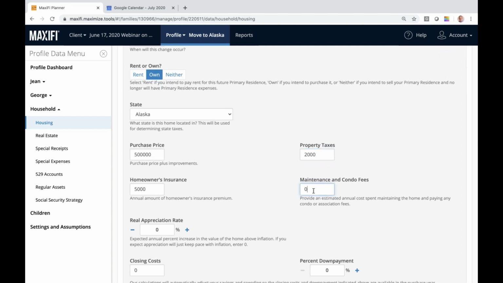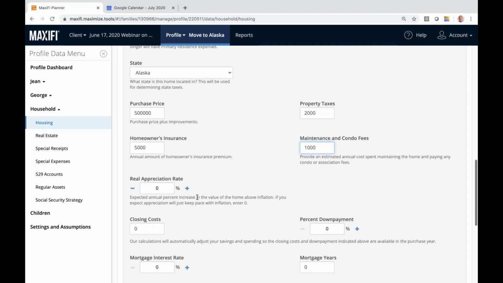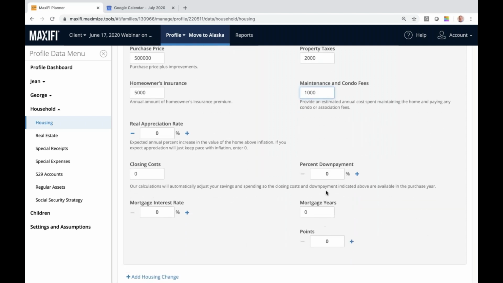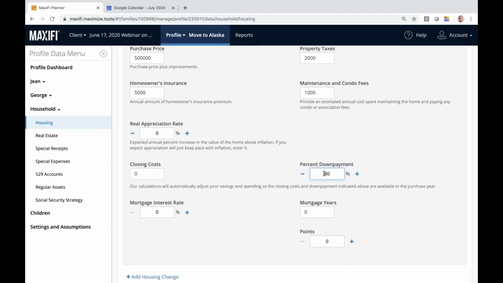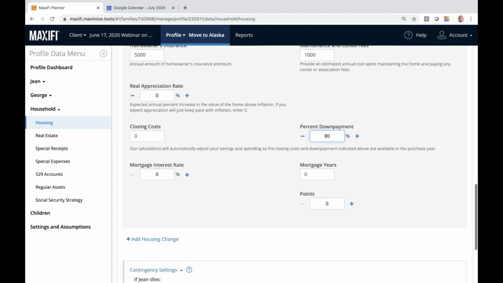Maybe maintenance and condo fee, because this is a very sturdy house, is $1,000 a year. Will it appreciate? Will there be closing costs? How much down payment am I going to make? Maybe 0% down, I'm going to finance the whole thing, or 80% down. I'm going to put down 80%. And then what's the mortgage interest rate, the mortgage years, the points? That's all the inputs you need.